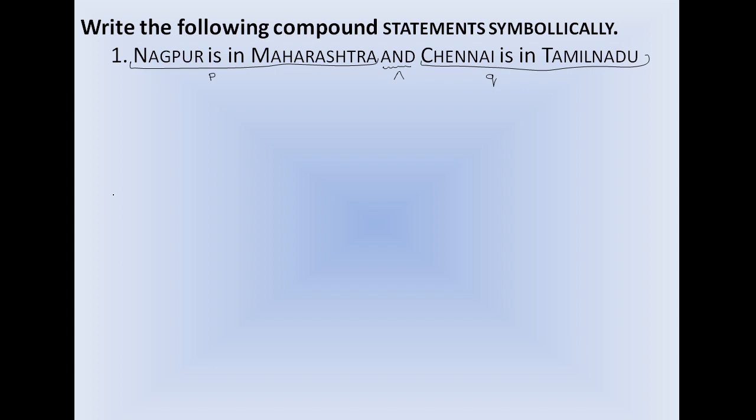So how are you going to write it in symbolic form? Look at the solution. Let P be Nagpur is in Maharashtra.